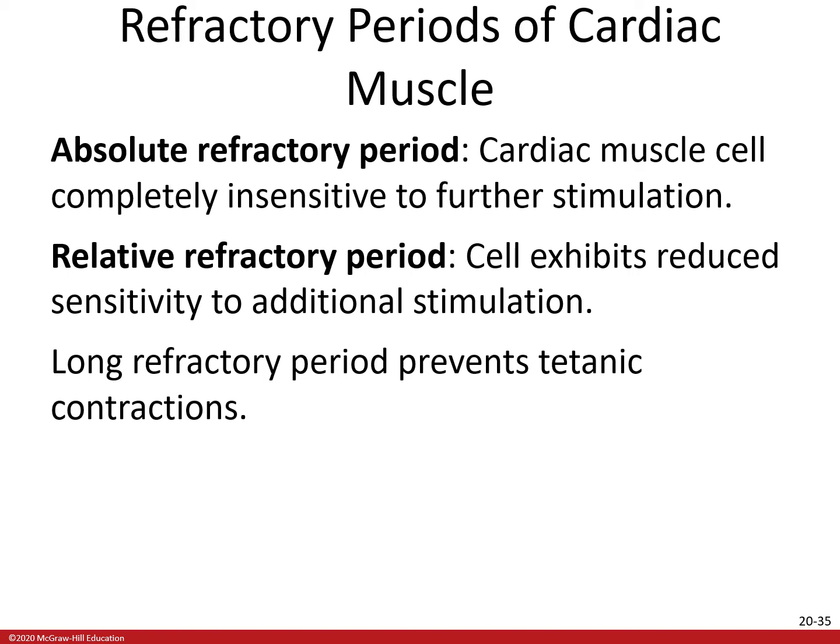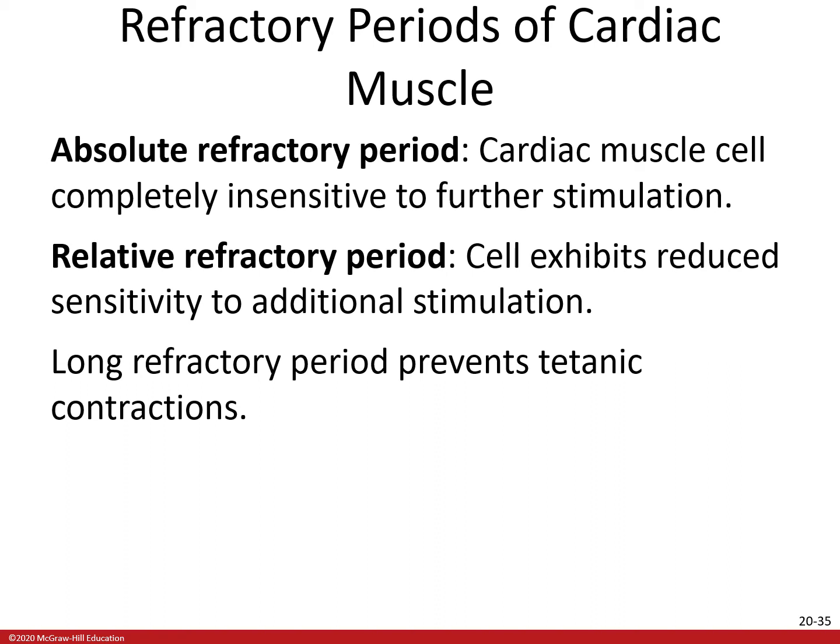During the first, the absolute refractory period, the cardiac muscle cell is going to be completely insensitive to further stimulation. During the latter, the relative refractory period, the cell is going to be sensitive to stimulation, but a greater stimulation than normal is going to be required to cause an action potential.